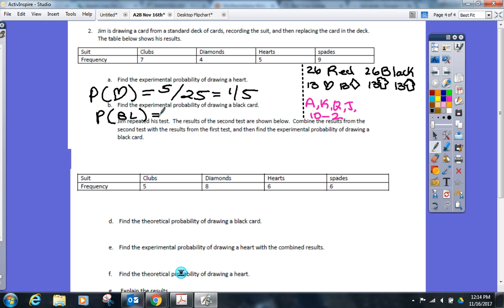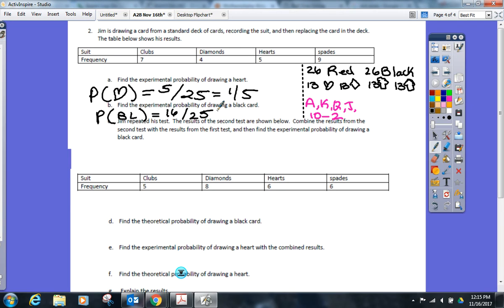So clubs and spades from the first experiment. 7 clubs, 9 spades. 16, yeah. Oh, I thought you said 26 before. Okay. All right. 16 out of 25.